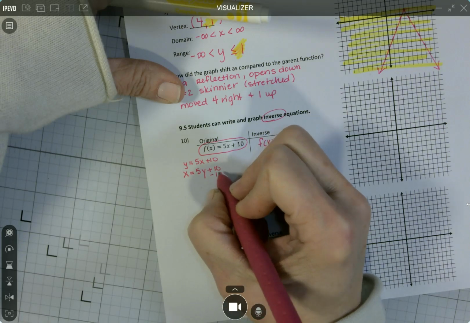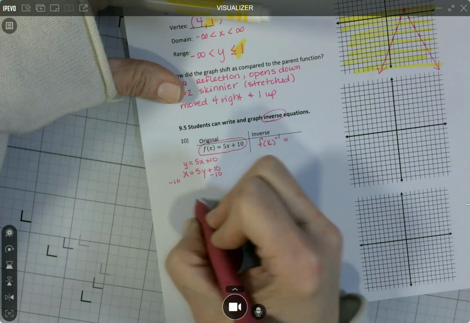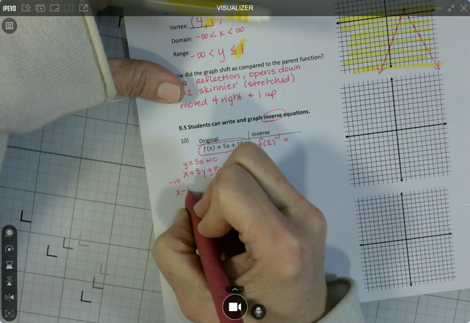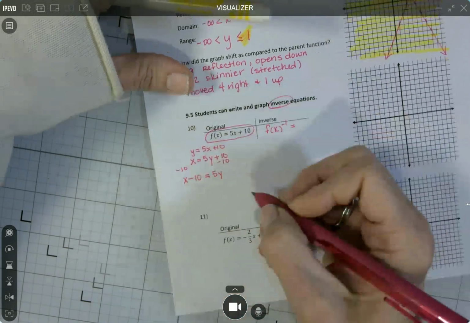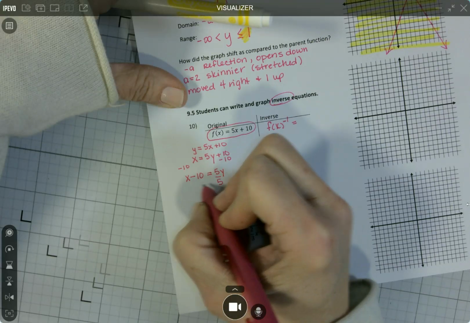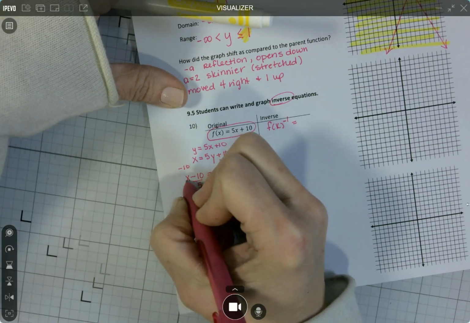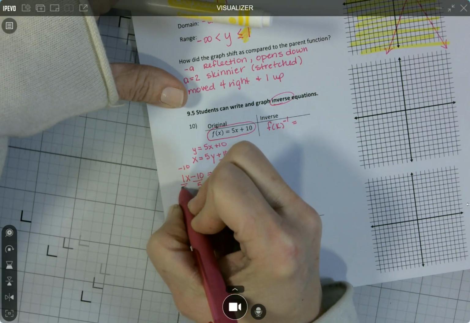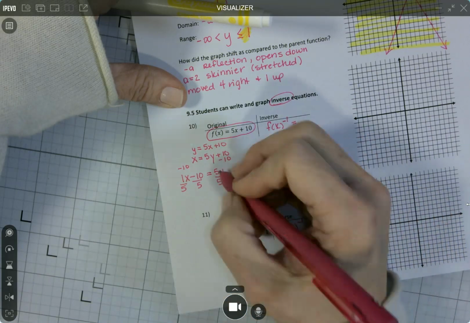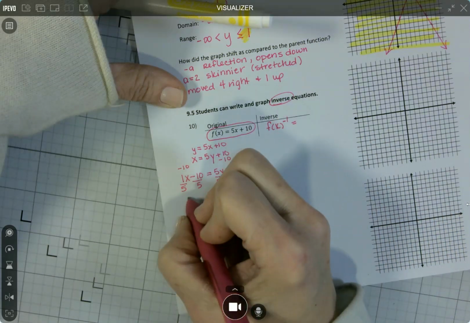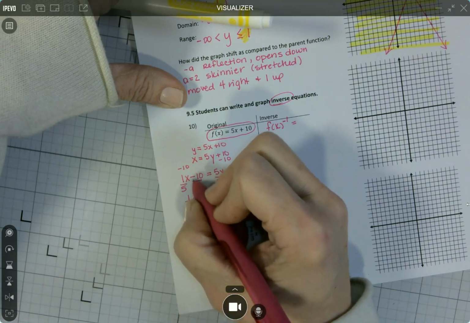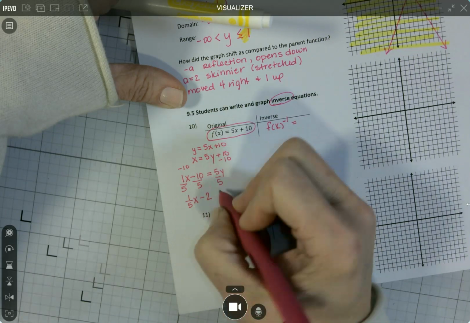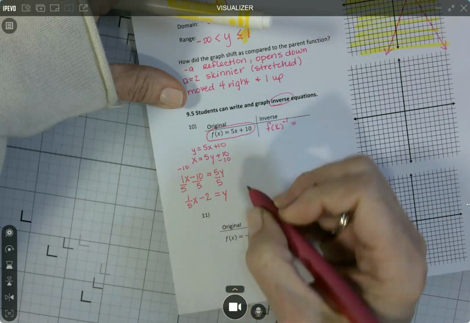Right? So I'm going to subtract 10, and I'm going to subtract 10. So I have x minus 10 equals 5y. Now I have to divide by 5 here, I have to divide by 5 here, and this is a 1, and I have to divide by 5 there. All right, so this is 1 over 5x, this is a negative 2, and it equals y.